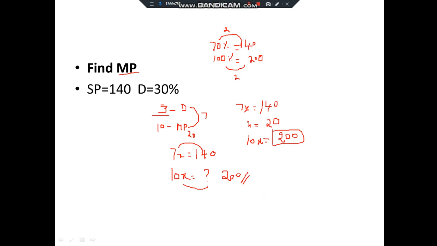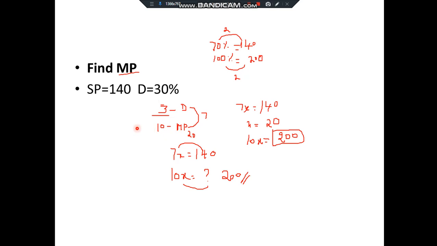Next, find market price given selling price and discount percentage. Okay, so remember how we did it when finding cost price given selling price and profit percentage? First find the fraction using the discount percentage. So 3 by 10. Okay, 30% is nothing but 3 by 10, where 3 represents discount and 10 represents market price.